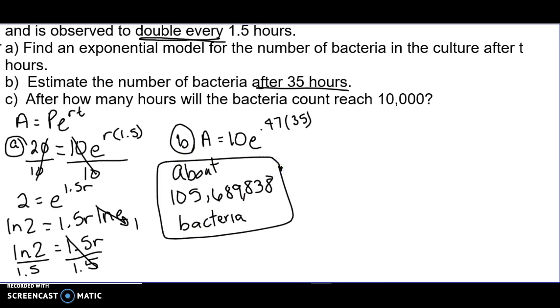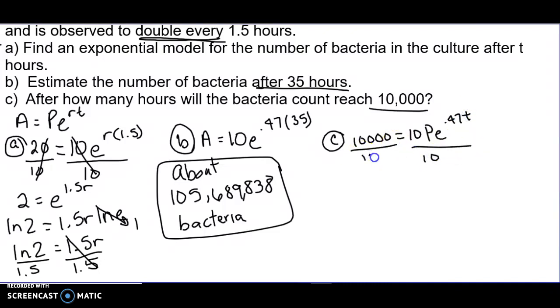All right, now let's look at part C. Part C says after how many hours will the bacteria reach 10,000? So we want to know, at 10,000, what is the time when it reaches 10,000? 10,000 equals P times e to the rate, which is 0.47, times T, because that's what we're looking for.